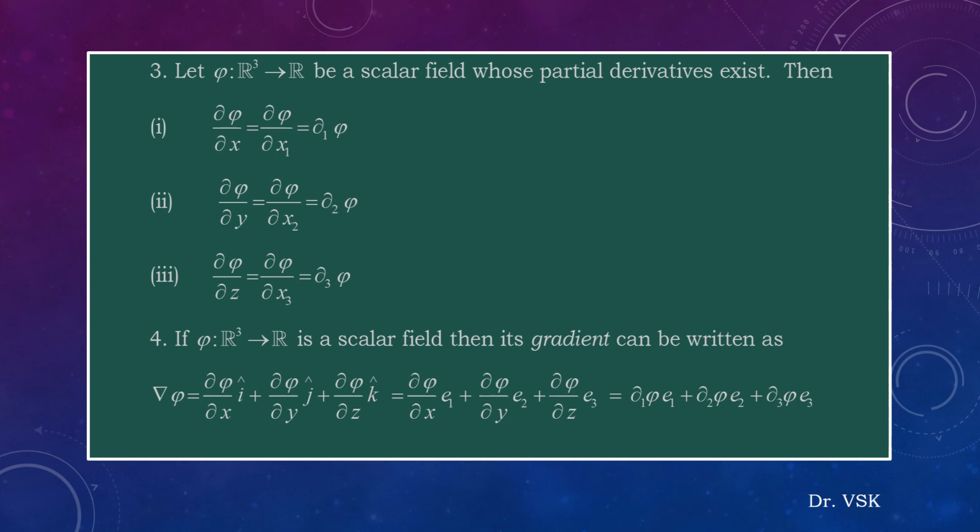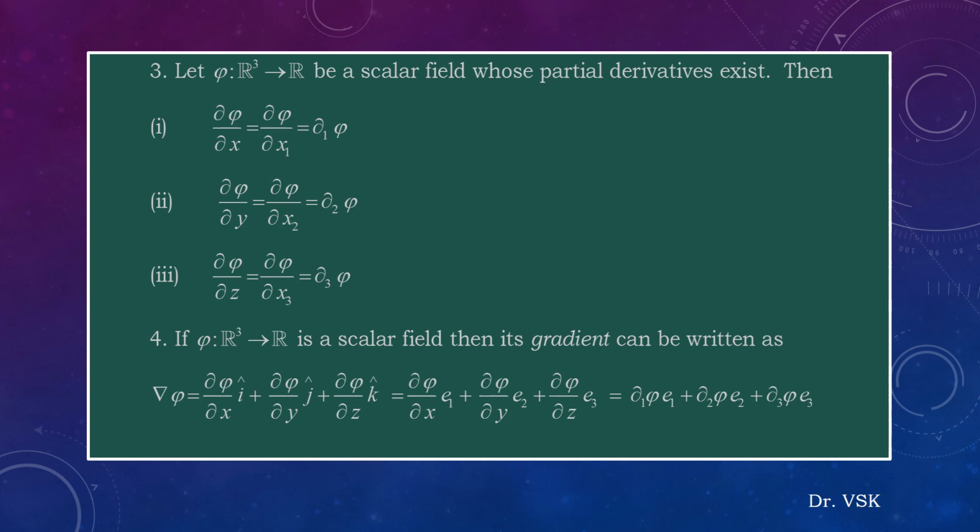Next, let me represent this dou phi by dou x1 as dou 1 phi. Hence, dou phi by dou x can be written as dou phi by dou x1 and then it can be represented as dou 1 phi. So we must understand one thing. Whenever we have to write dou phi by dou x, we write dou 1 phi.